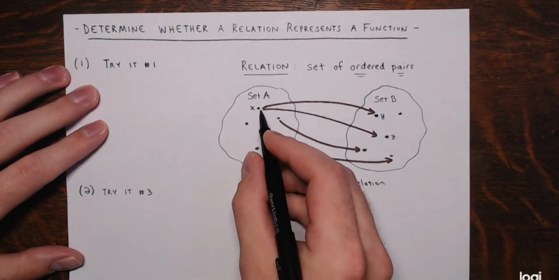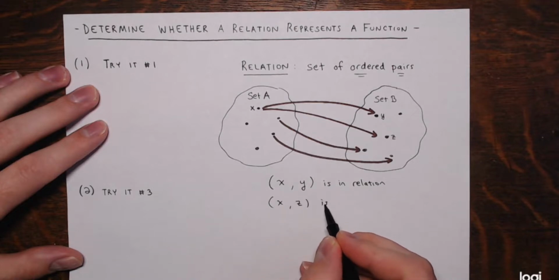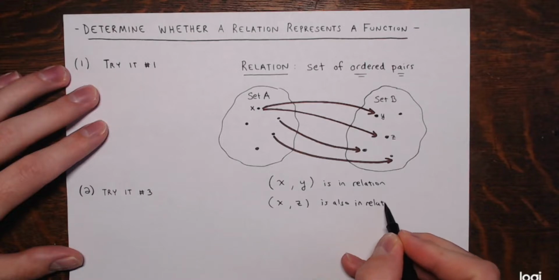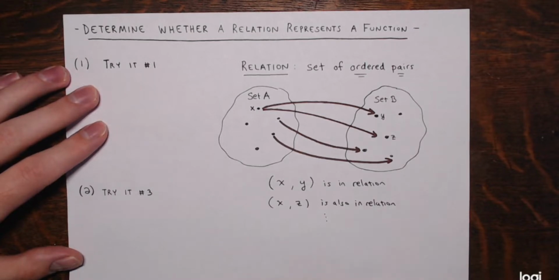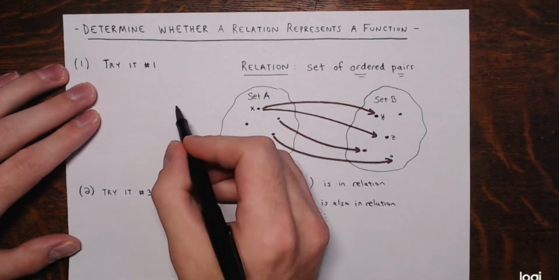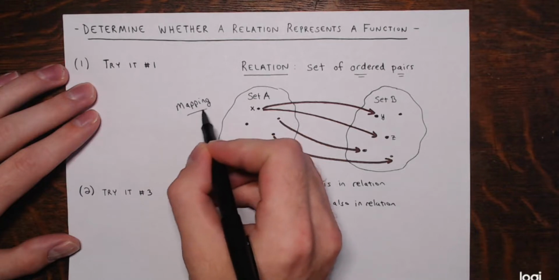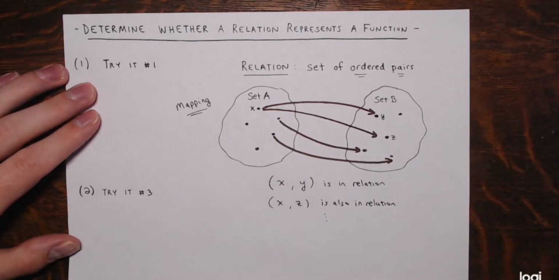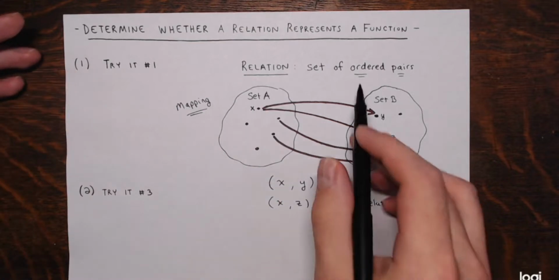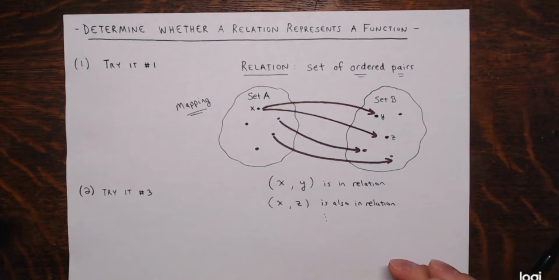Also, X comma Z is also in the relation. And so on. If I draw pictures with arrows, this is called a mapping or an arrow diagram. You can write a relation as a set with braces, just as a set of ordered pairs. You can make graphs. There's lots of ways to picture relations.